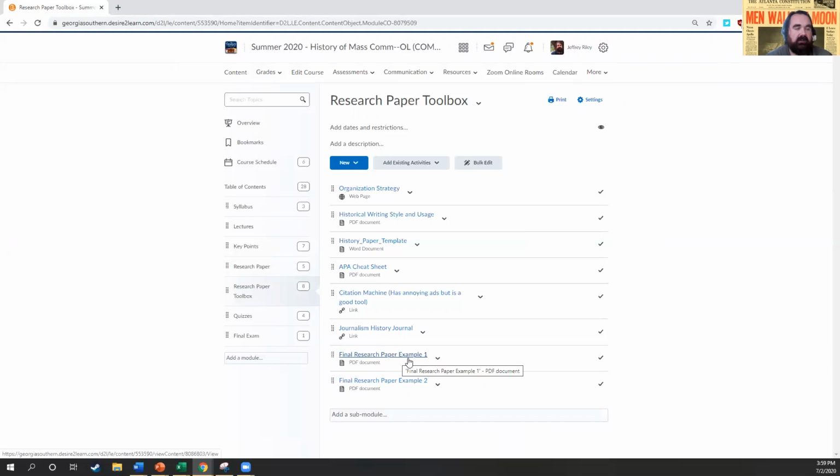And I asked them to send me, without names on them, so I don't know who wrote them, 2 really good, the highest grade papers that they received that semester. I took those, I read through them, made sure there was no identifying information, so you shouldn't be able to find out which author wrote any of these. But there's example 1 and example 2, and both of them are examples of A quality papers.